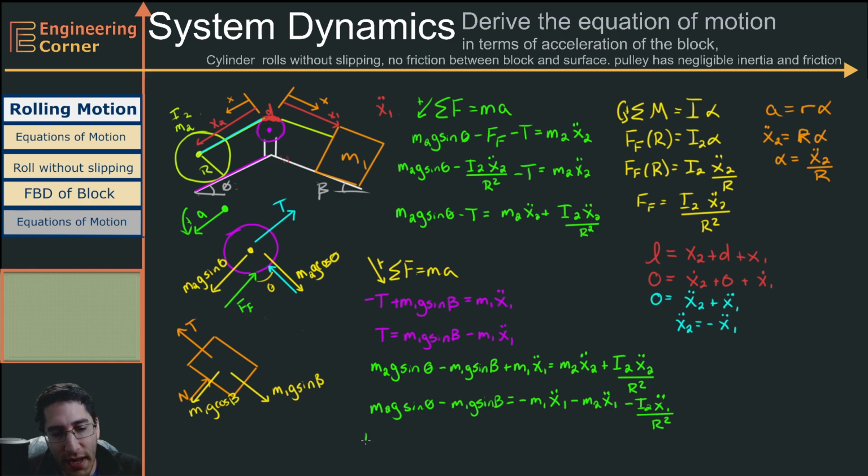So I'm going to get M1G times the sine of beta minus M2G times the sine of theta, because I've taken a negative sign out and moved it to the other side of the equation, is equal to M1 plus M2 plus I2 over R squared X1 double dot.